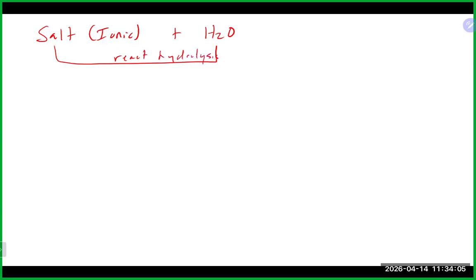So, as we talked about, there are some rules that help us decide whether or not a salt will go through hydrolysis. And again, it is that relationship between the acid and its conjugate base, or the base and its conjugate acid.